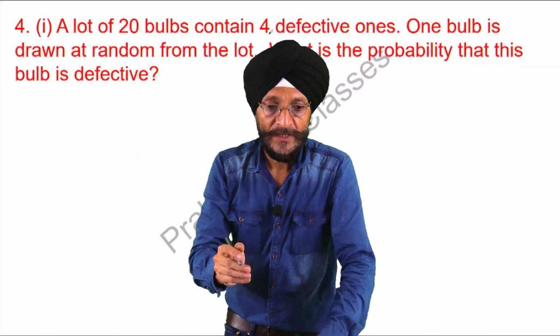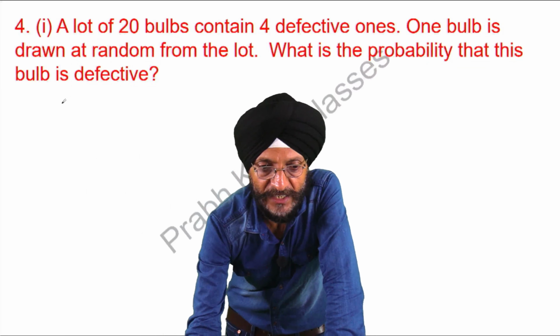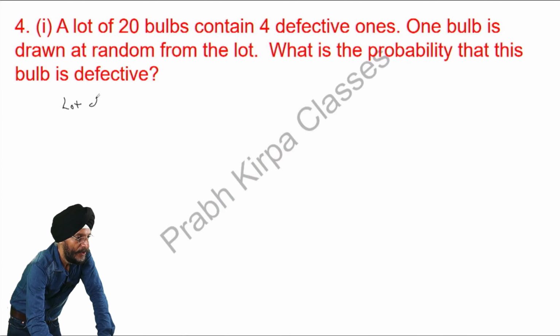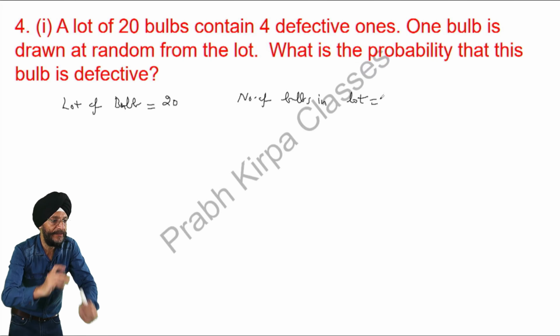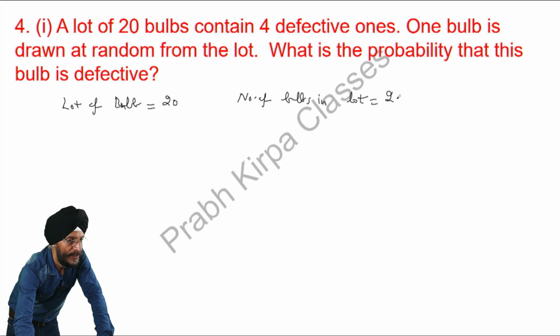This will be wrong. Here it is given a lot of bulbs, that is the number of bulbs in the lot. These are 20. We can write it as number of bulbs in lot. That is, there is one packet which has a total of 20 bulbs.